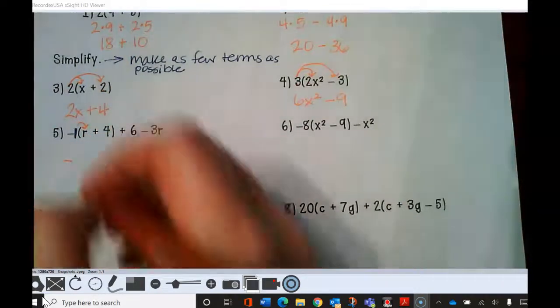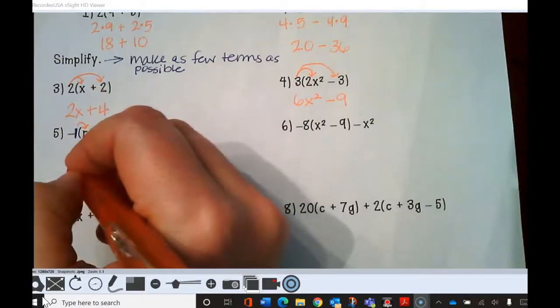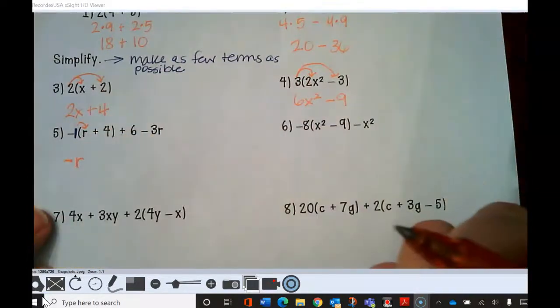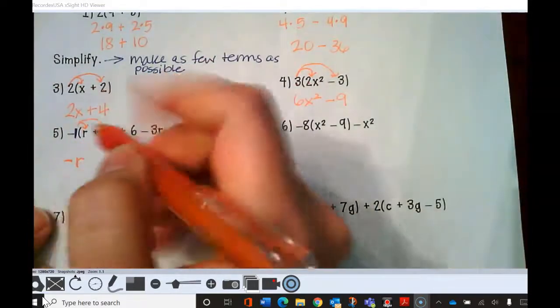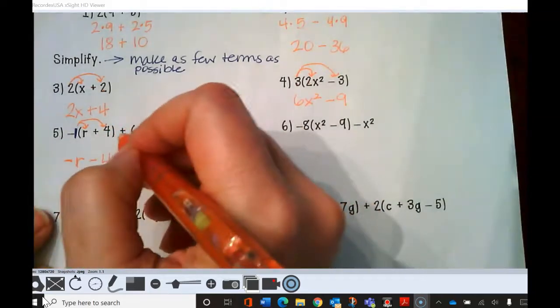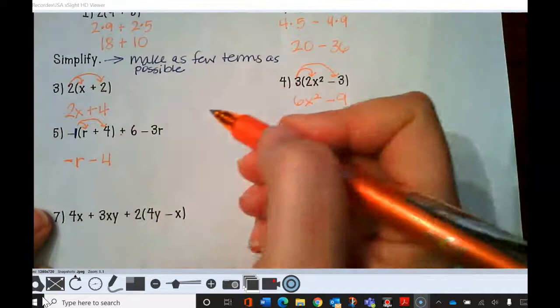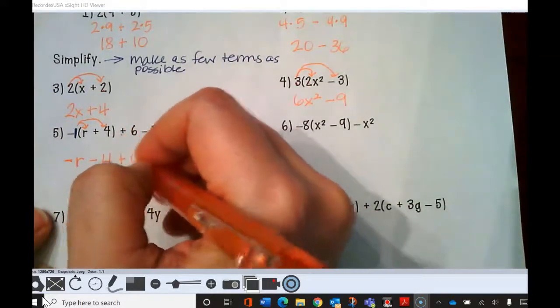But remember, we don't traditionally write the 1 in our answer because if you have the letter, then you know you have one of them. A negative 1 times 4 is a negative 4. We're not distributing anymore because the parentheses are done, so all of this you just bring straight down.